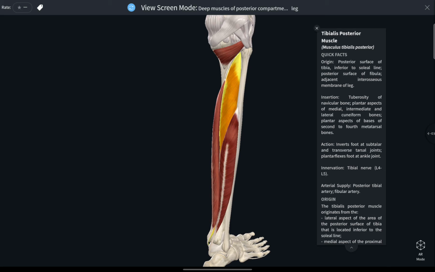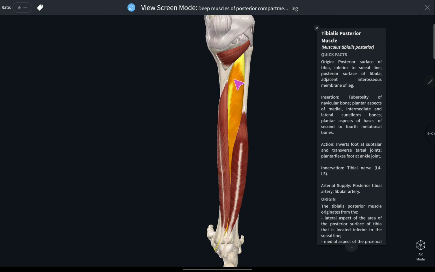So next is the tibialis posterior. It originates from the posterior surface of the tibia, inferior to the soleal line.